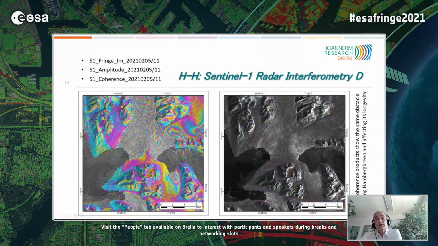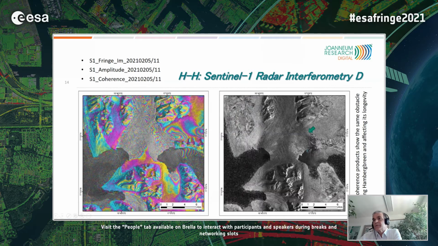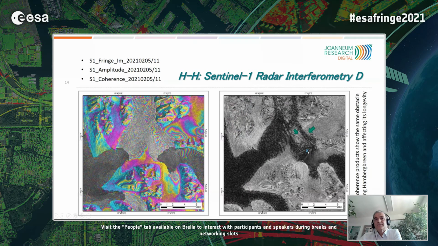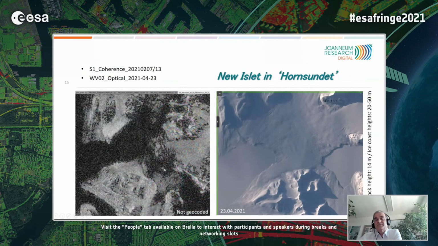Okay, the next set of standard interferometric products demonstrates also the presence of the same hindrance or obstacle here, also here. And we suppose this obstacle is still underpinning the Hambergbreen Glacier, and we guess that it might also support the longevity of this glacier and of the entire ice bridge.